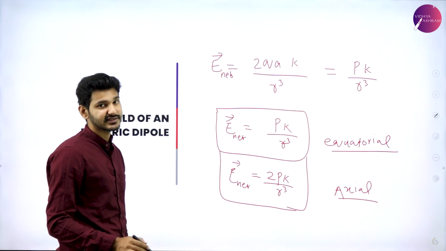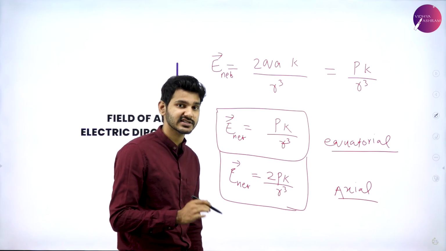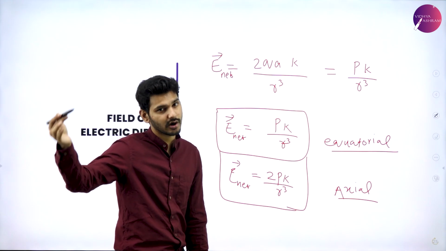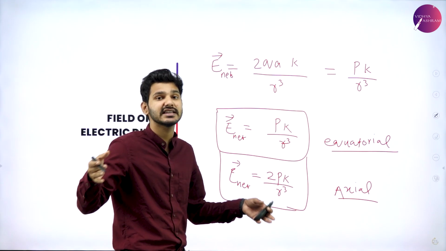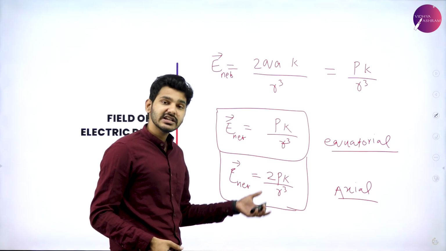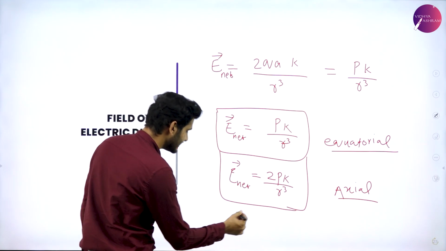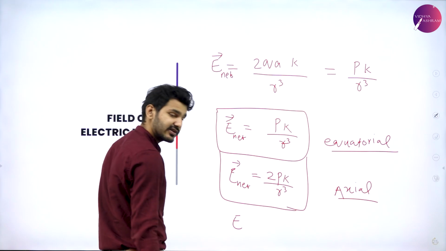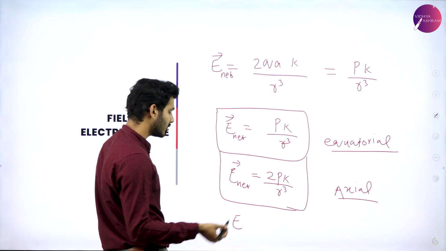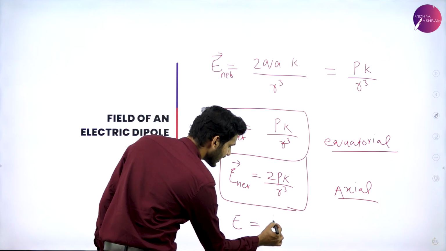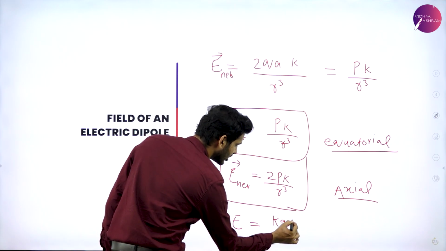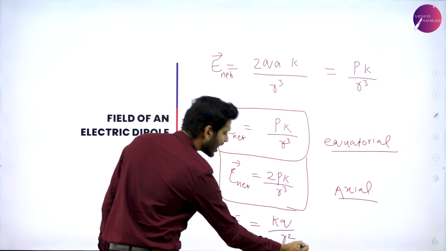Another fact is that if we are placing a single charge, as the distance between particles increases, the electric field falls by a factor of r square. The general electric field of a particle, let's say plus q or minus q, is given by kq divided by r square.